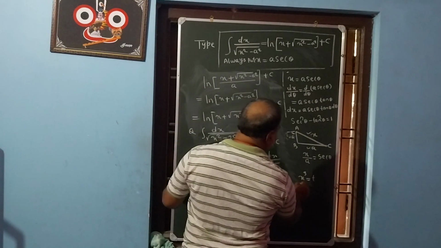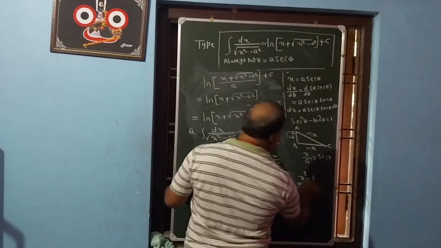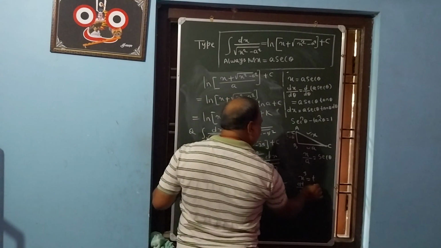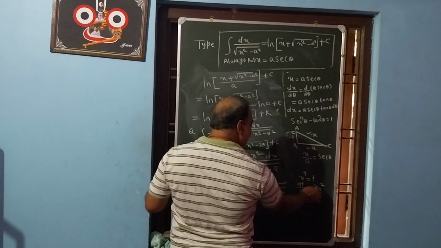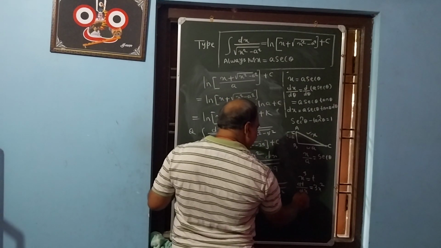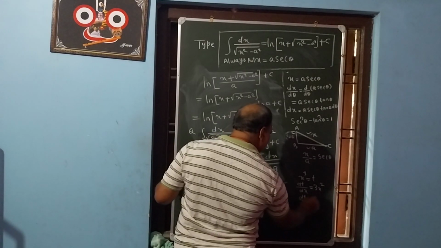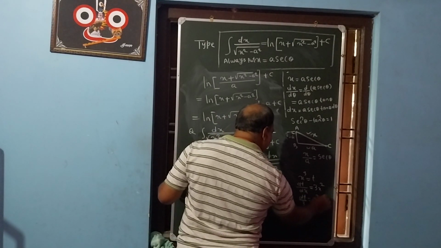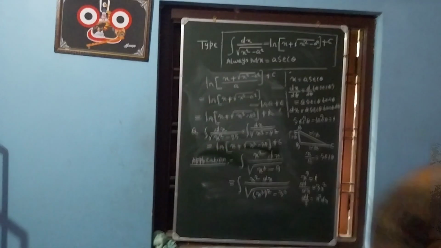We get dt by dx, and we know that the derivative of x cube is 3x square. So 3 is multiplied here, so that will be divided here, and dx will be multiplied there. So dt by 3 is equal to x square into dx.